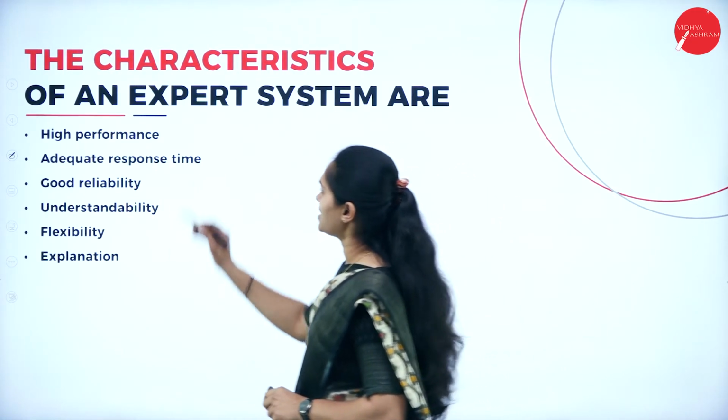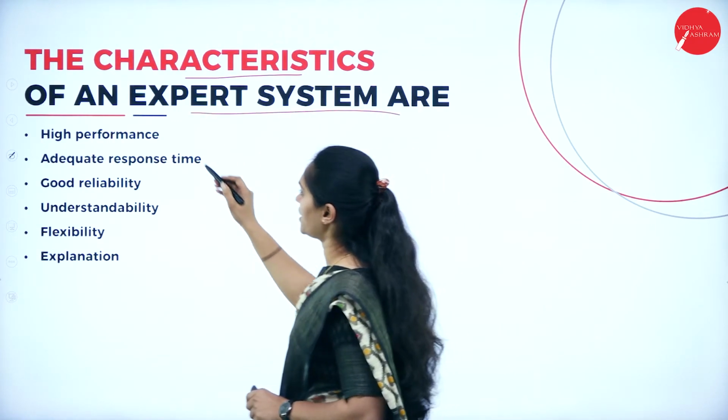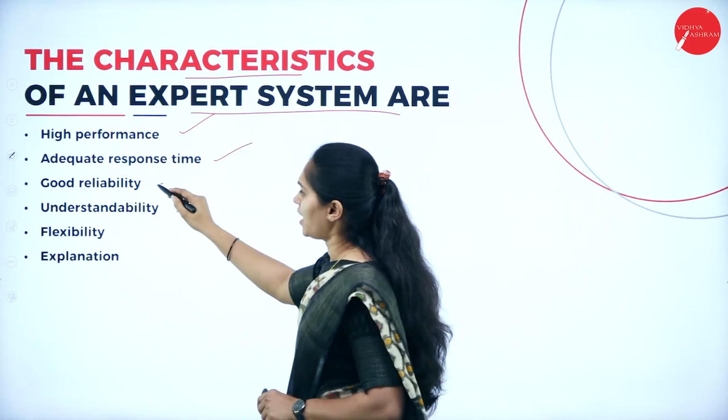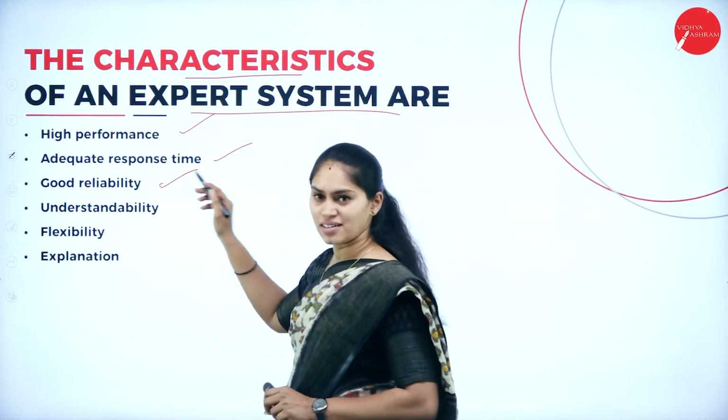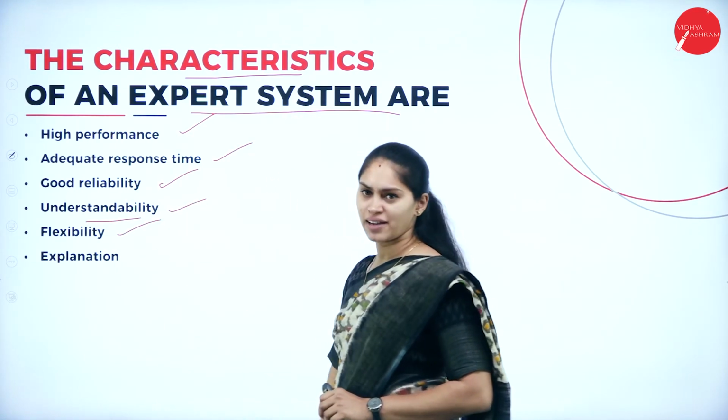Next, we can see the characteristics of this expert system. It includes high performance, an adequate response time, and good reliability. We can trust this system, understandability is high, and it is very flexible in nature.